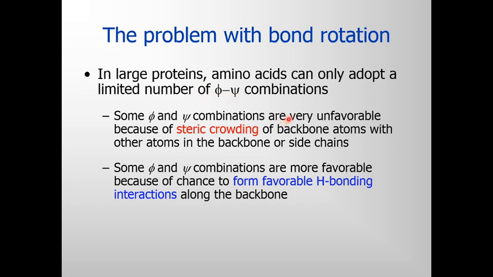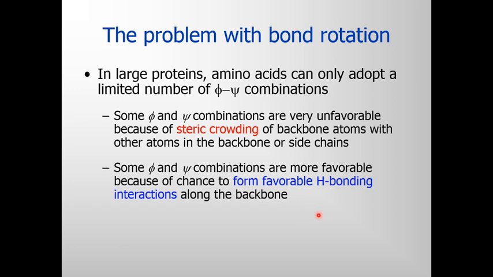So in large proteins, amino acids can only adopt a limited number of phi-psi combinations. Some phi and psi combinations are very unfavorable because of steric crowding of backbone atoms with other atoms in the backbone or side chains. Some phi and psi combinations are more favorable because of the chance to form favorable hydrogen bonding interactions along the backbone.